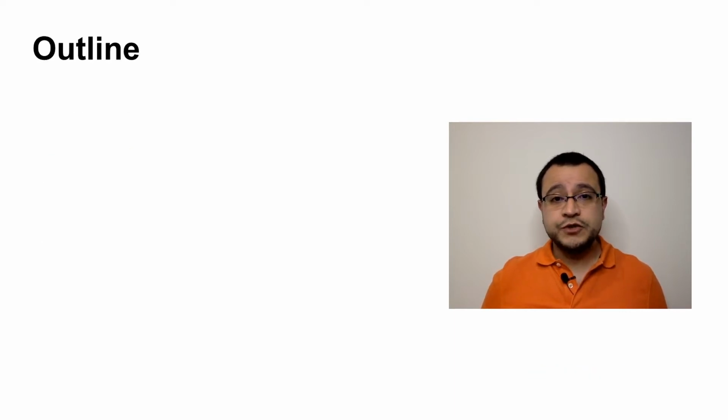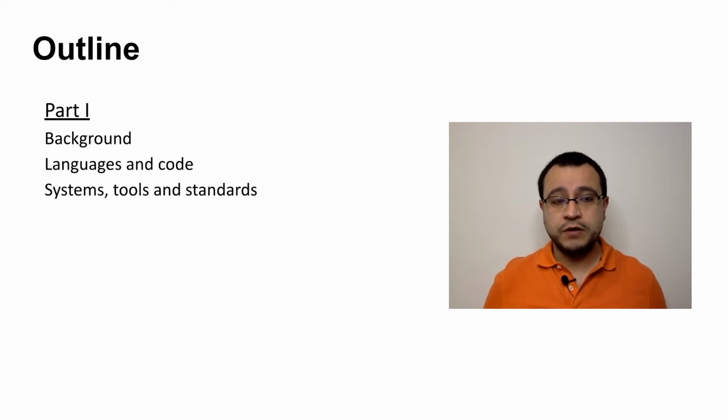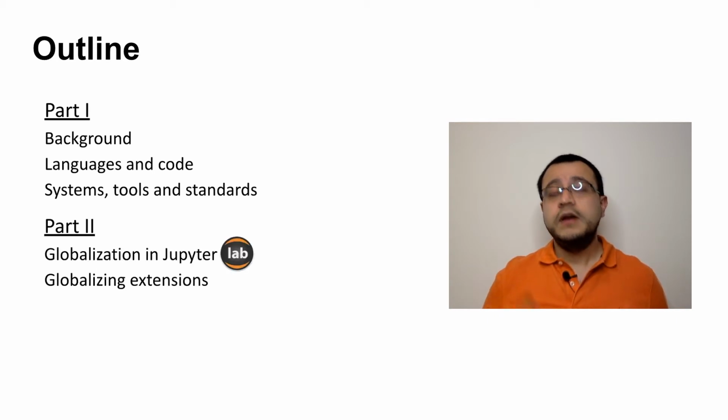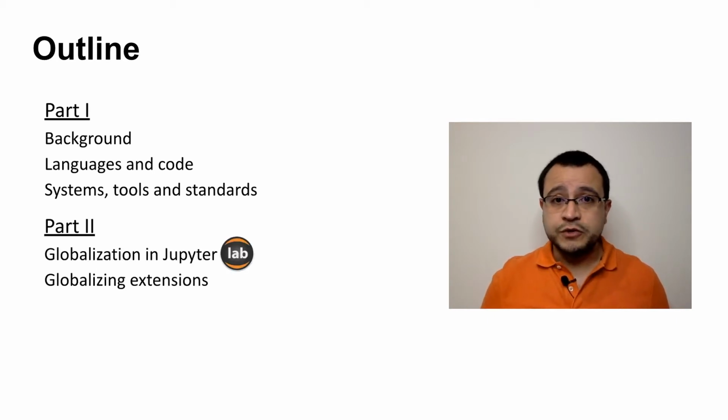For the presentation today, we're going to have three parts. The first part, we're going to talk a bit about the background, some definitions, language and code, and how the different system tools and standards interact. In the second part, we're going to talk about globalization in JupyterLab and how you can globalize your extensions.